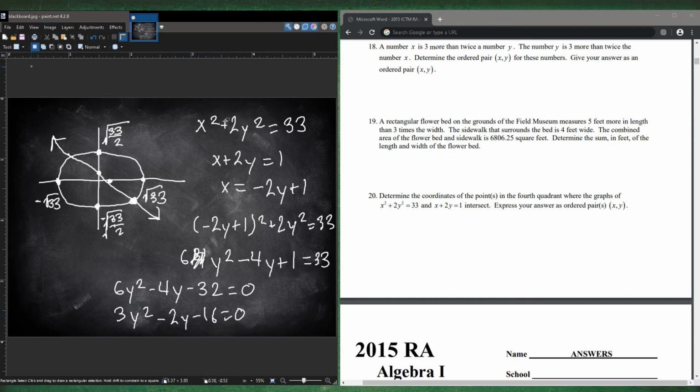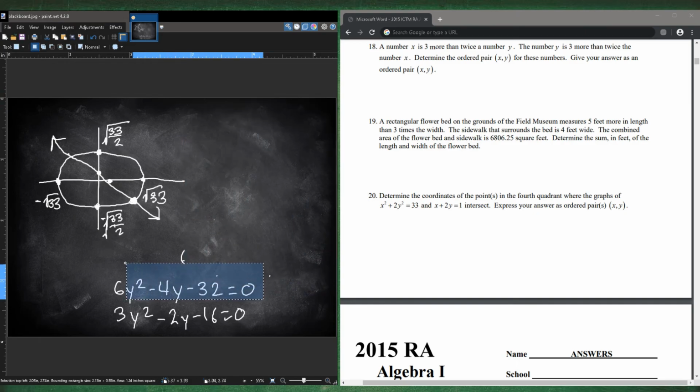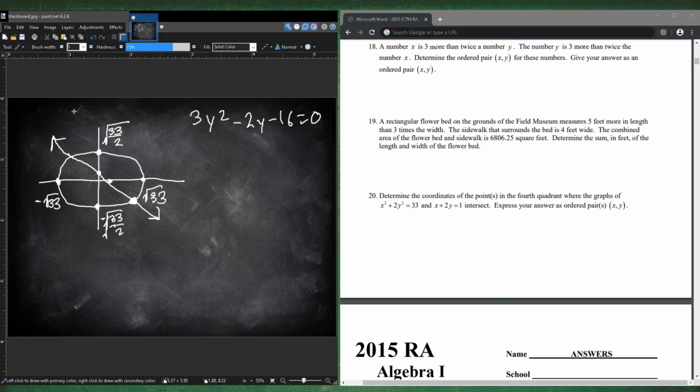So let's clean this up so it looks a little nicer. Let's move this up. This is what we need to solve. So it's like a quadratic, right? Usually it factors out well.